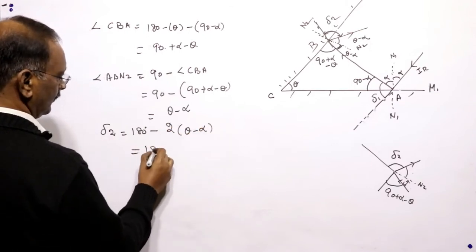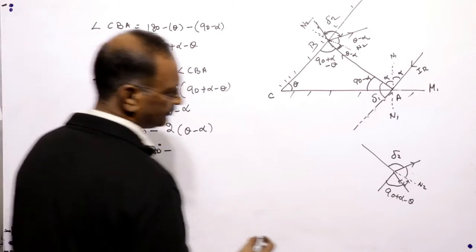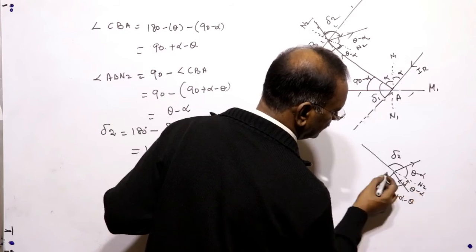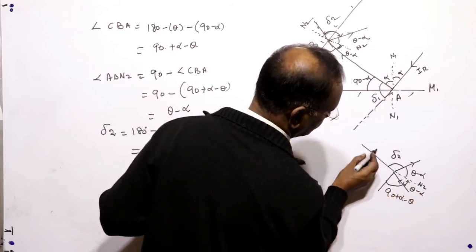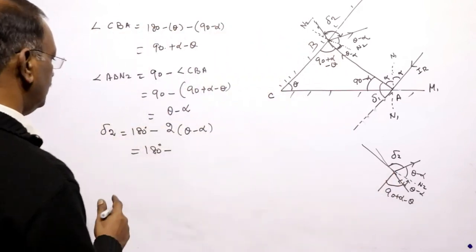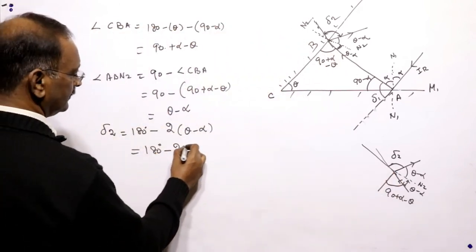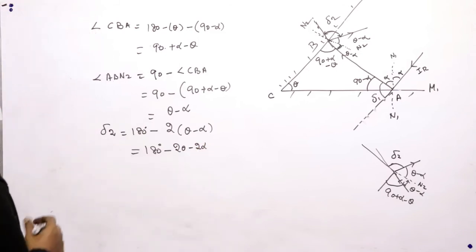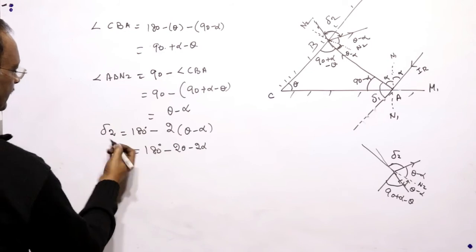This is theta minus alpha, this is theta minus alpha. So 180 minus 2 theta plus 2 alpha is the deviation produced at mirror 2.